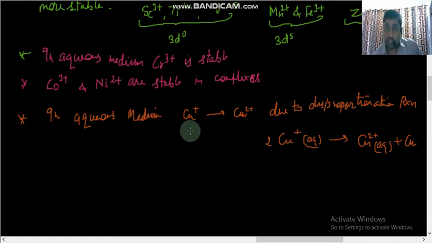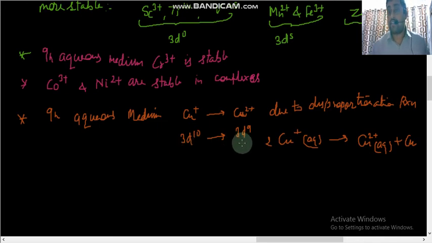Because Cu+ has 3d10 and Cu2+ has 3d9. Now why does copper get converted from a seemingly much stable state to a somewhat unstable state?